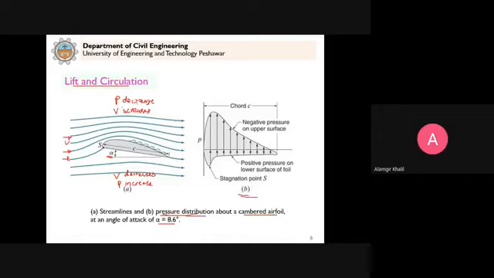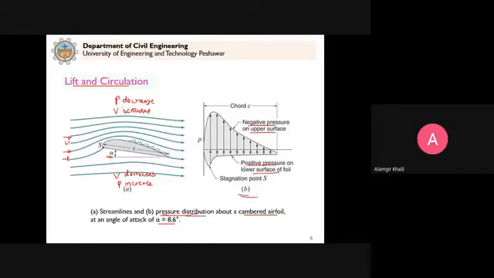So what happens is that pressure decreases. That's why you can see that at the top we have negative pressure on the upper surface. And at the bottom or lower surface of this foil, you can see that pressure increases, so positive pressure on the lower surface. Because we have this negative pressure here and positive pressure here, and we already studied that flow occurs from high energy area to low energy area, clear?